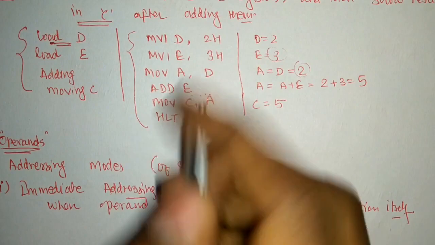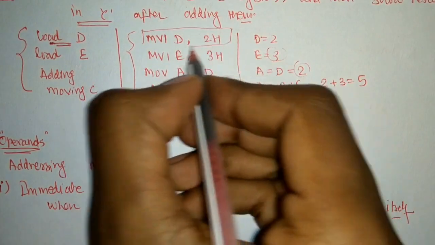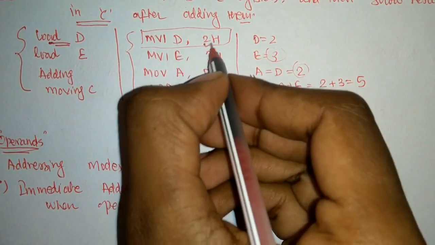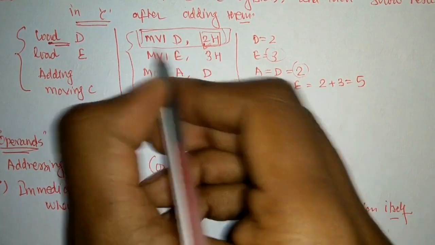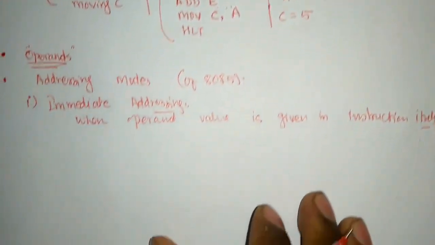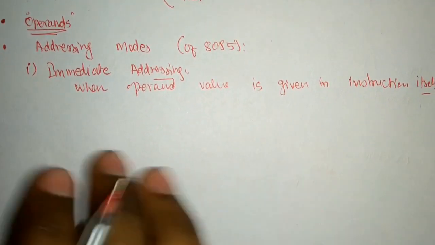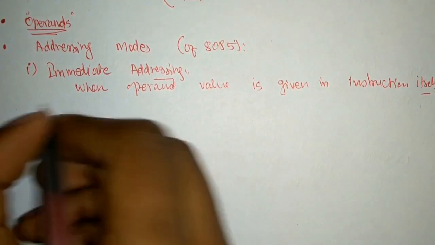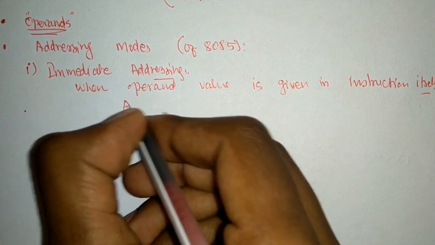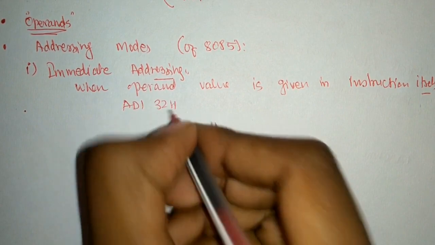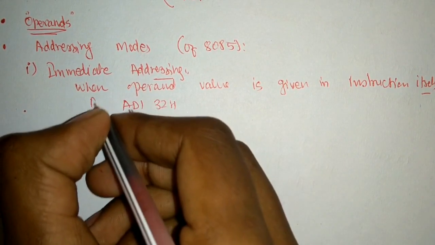When I said to move 2H to my D, this is my operand, right? So I have already given the value of the operand in the instruction itself. I have already said that value 2 needs to be moved to the register. That is what we mean by immediate addressing. There could be something like add 32H to our accumulator, so that is also immediate addressing. That is an example.